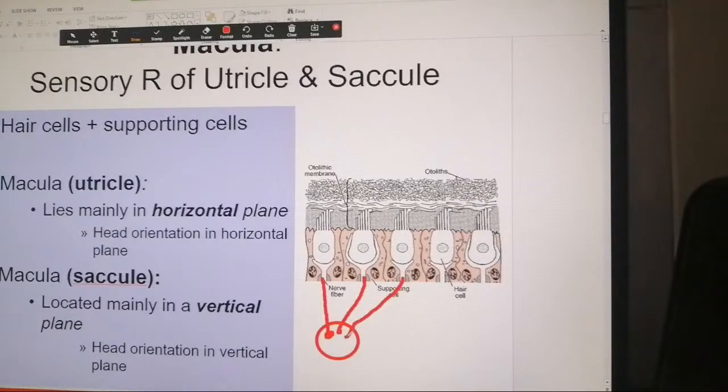Then this, and this. Okay? It's a simplified diagram. So each hair cell, through its respective nerve fiber, is represented in specific places in the vestibular nuclei.